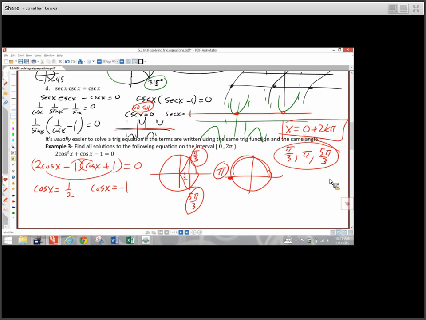Now, I just want you to make note of this, that's because it said only answer between 0 and 2 pi. We get those three answers. What if it said all solutions? What would we do with every one of these? Add the 2k pi. Okay? All right. So that takes care of the first part of 5.3.